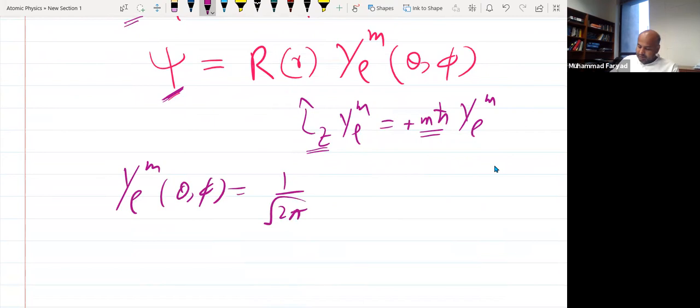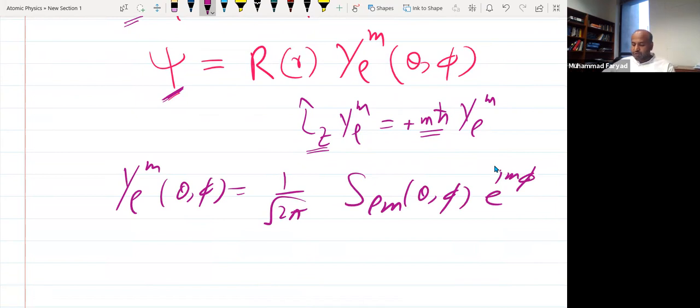This is a normalization factor. This is the associated Legendre function, and this is e to the i m phi. So the spherical harmonics have theta and phi dependence in the associated Legendre function, and then they have this complex part as exponential i m phi.